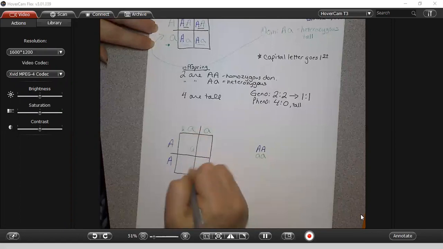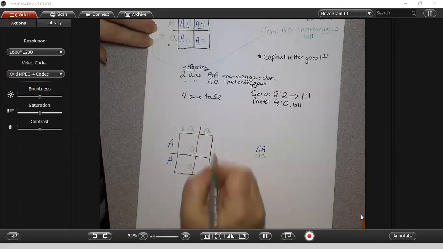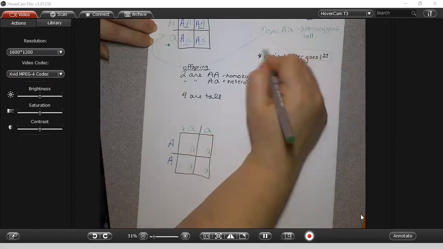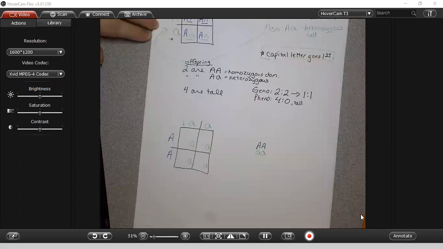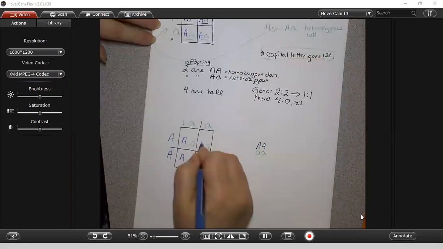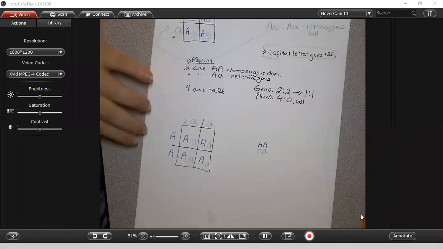So I have little a's. Now, why am I putting them over here on the right-hand side of the boxes? This right here. Capital letter always goes first. So even if I carry the small letter first, the capital A is always going to go in front of it.